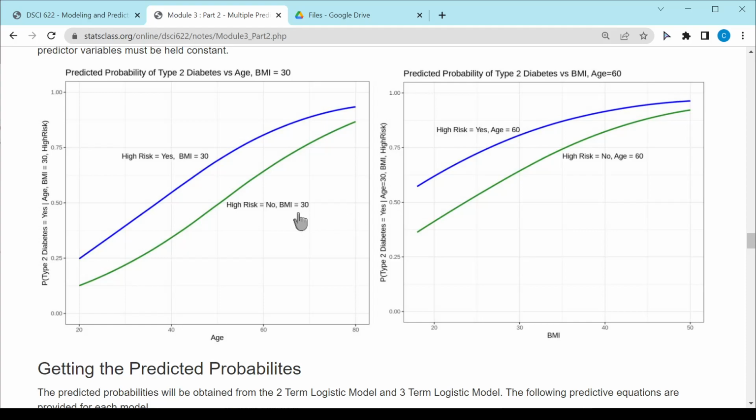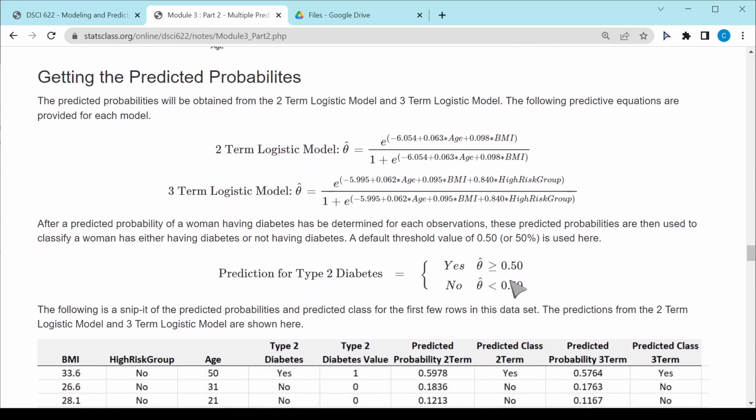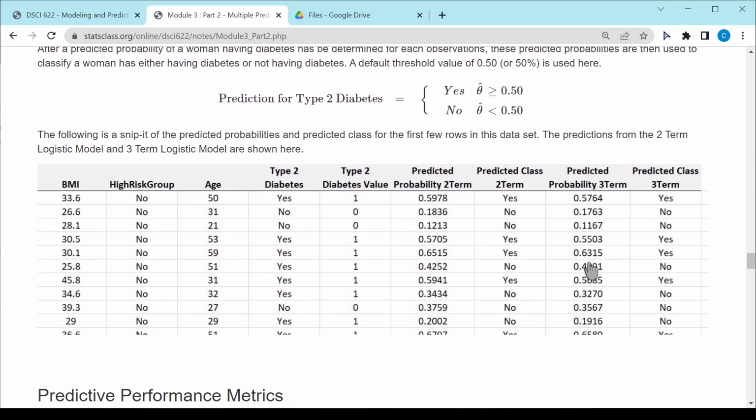So if I use a 50% threshold here, so let's go across here at 50%, then anybody that is above that 50% probability is going to be classified as having diabetes, and anybody that's below that will be classified as not having diabetes. So these younger people here will tend not to have diabetes, and the older people will tend to have diabetes. Okay, so that's the idea of that threshold again.